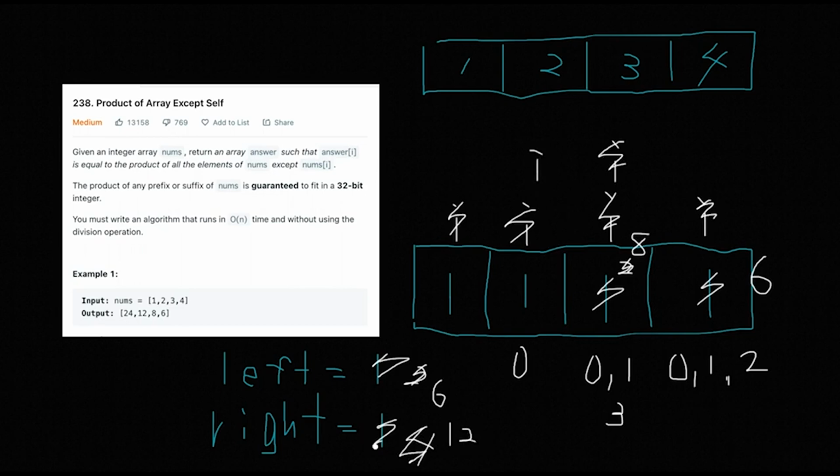First of all, multiply the right number to the current number, which is 12, that consists of the numbers at index 2 and 3. Then before moving to the previous index, multiply the current number, which is 24.